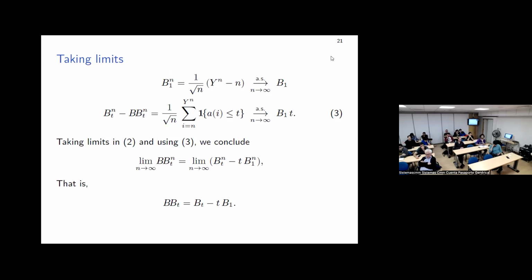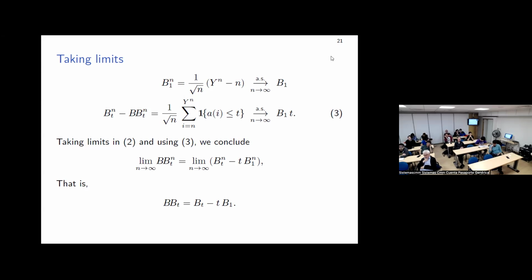And the difference converges to the number of points that are here, but the number of points that are here is essentially B1, that is this limit, because you are dividing by that, times B1 times the square root of n, multiplied by the probability that the uniform is less or equal than t, so this will give you B1t.